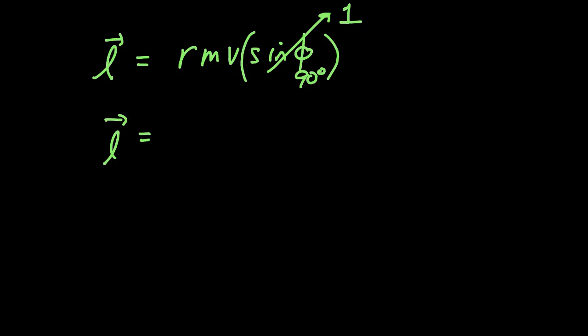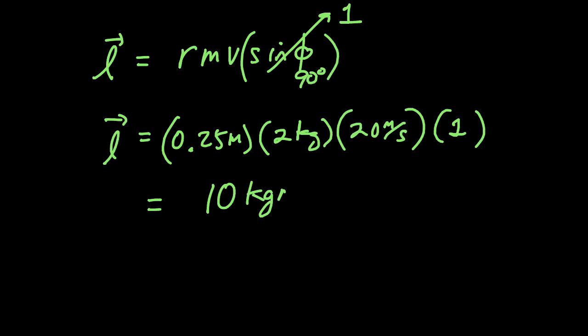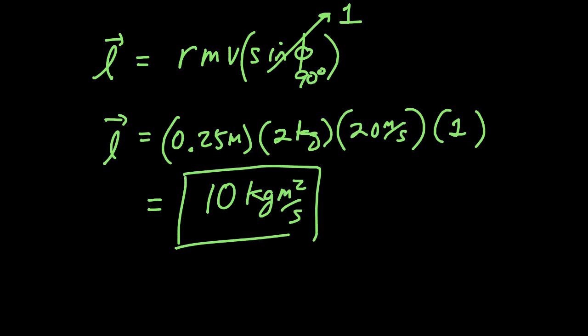We have r, 0.25 meters, times m, 2 kilograms, times v, 20 meters per second, and times 1. All that is 20 times 2 is 40, one-fourth of that is 10. Our unit is kilogram meters squared per second. And we want to give this some direction, so I'll just call it positive because it is spinning counterclockwise. Alternatively, you could say the direction of the vector is out of the page.